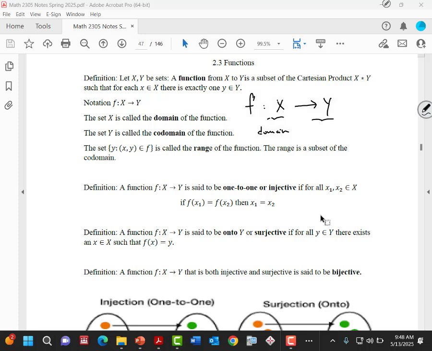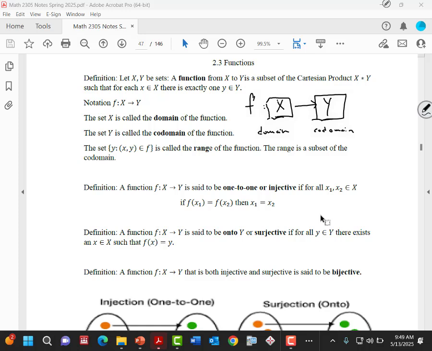And this second set right here, Y, is what we sometimes call the codomain. So this function f will map or relate some numbers from some set X, the domain, to some set Y, which we will call the codomain.